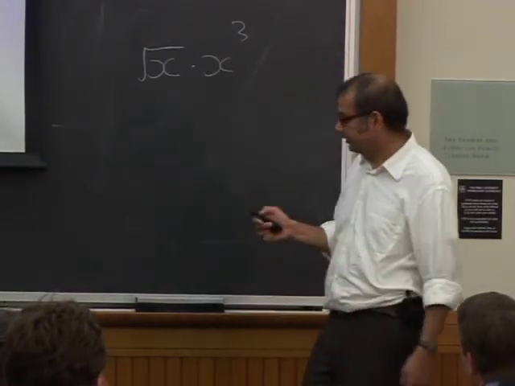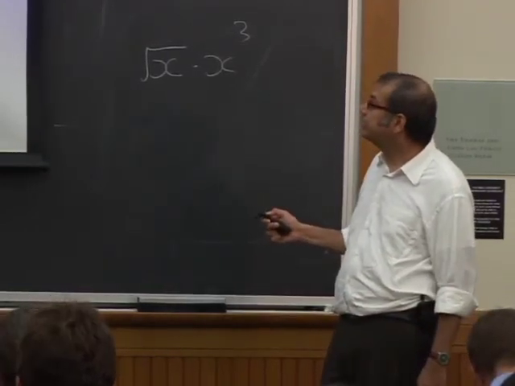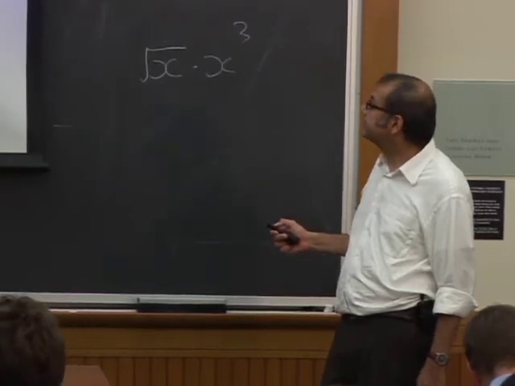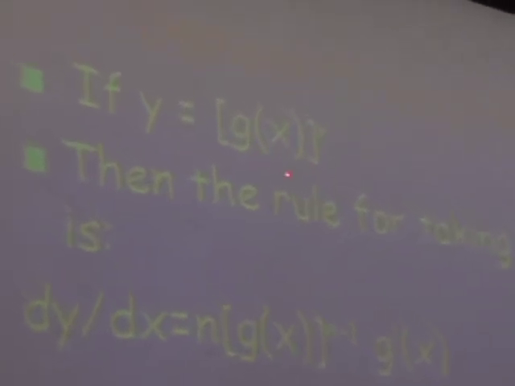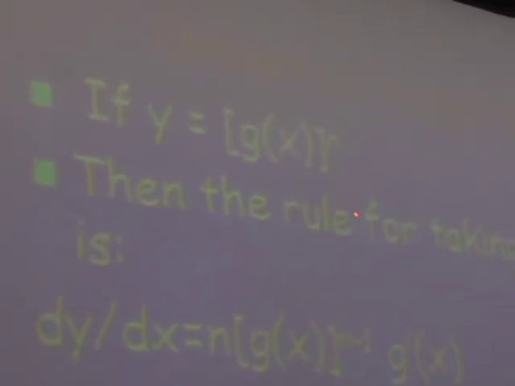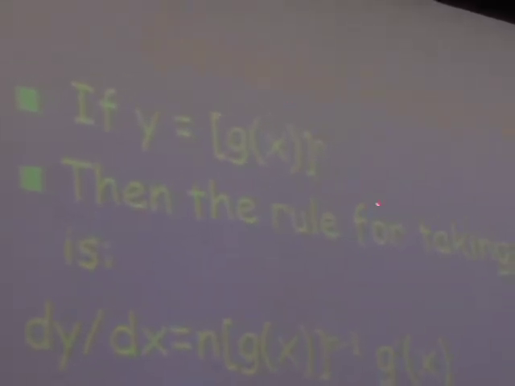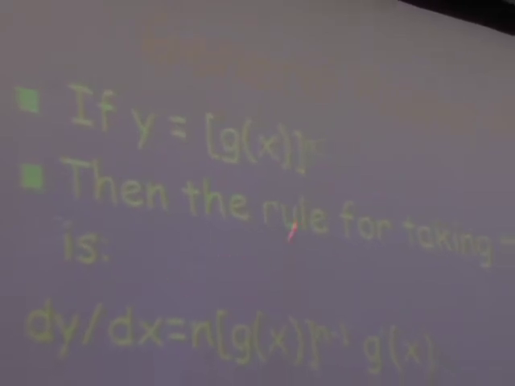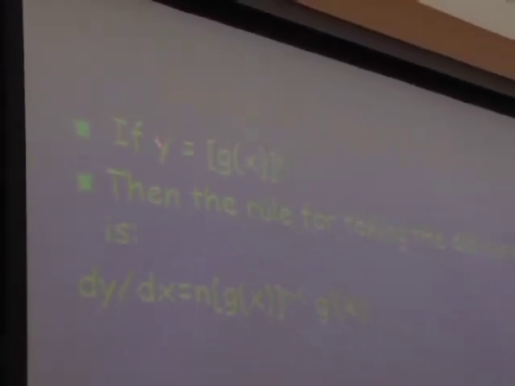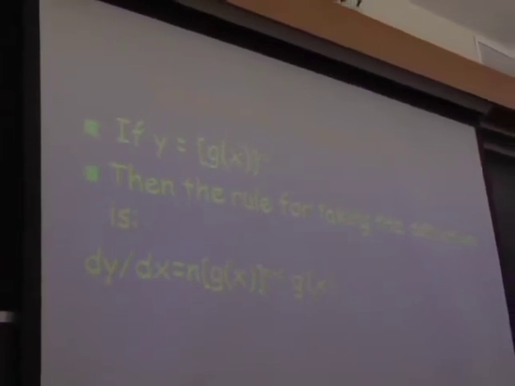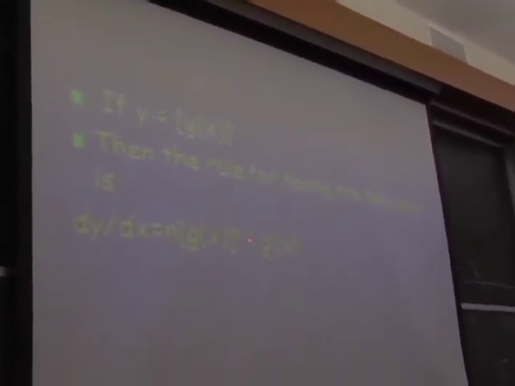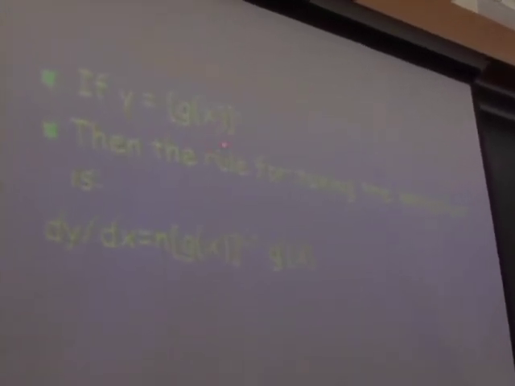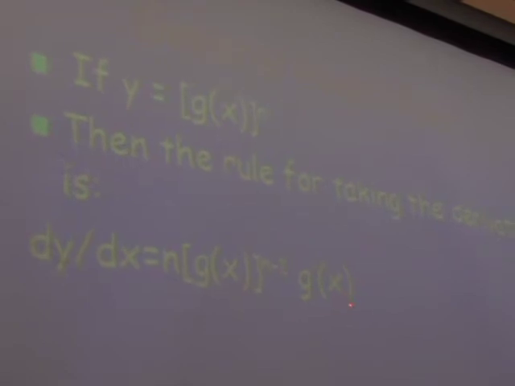if you have a function on the inside and you raise that whole function to the power n, then for the derivative, you put the n in front of the overall function, you keep that overall functional form, you take n minus 1, then you take the derivative of the inside function and you multiply it by itself.